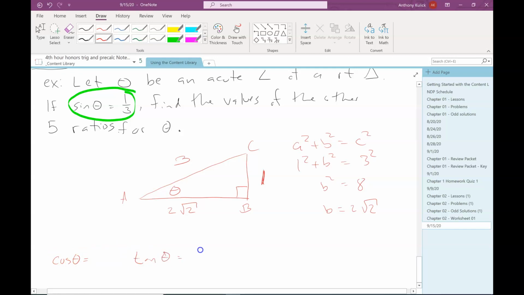write down the values for cosine, tangent, cosecant, secant, and cotangent of theta. So cosine is adjacent over hypotenuse. Tangent is opposite over adjacent, but I don't like to leave my answer with the radical in the denominator.